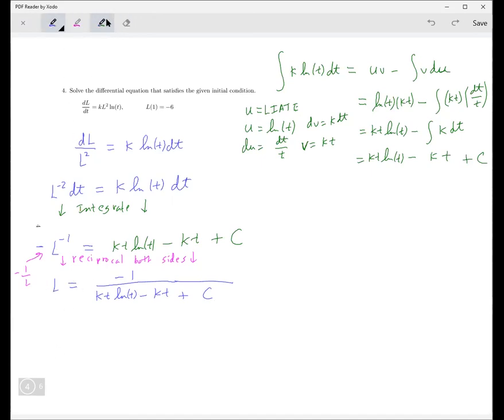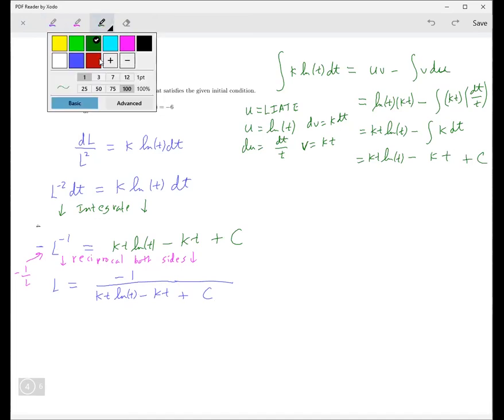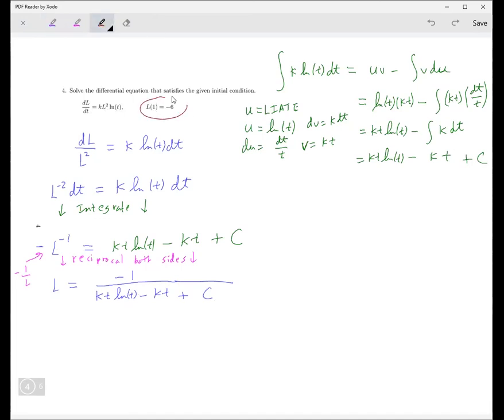Okay, and now what you want to do is plug in this initial condition right here. Make L negative 6 and make T equal to 1 in that equation. So L equals negative 6 and T is 1.